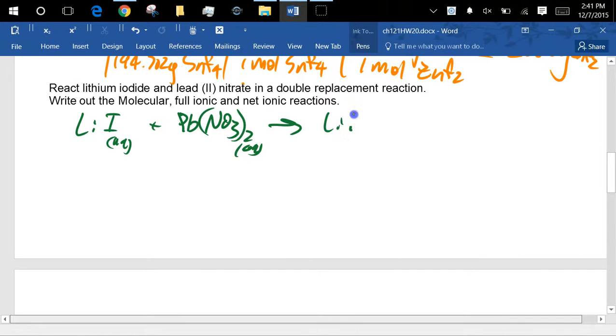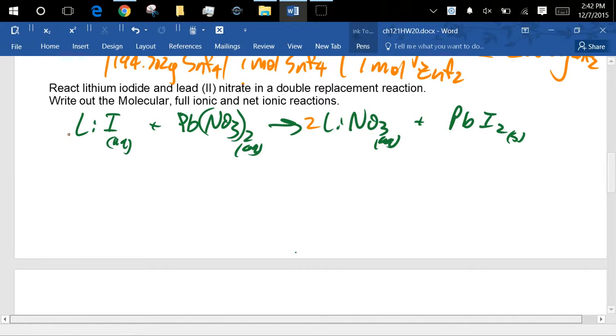And I get LiNO3, and I get PbI2. We need a 2 right there, and I'm going to need a 2 right there. Okay, so there's my molecular equation.